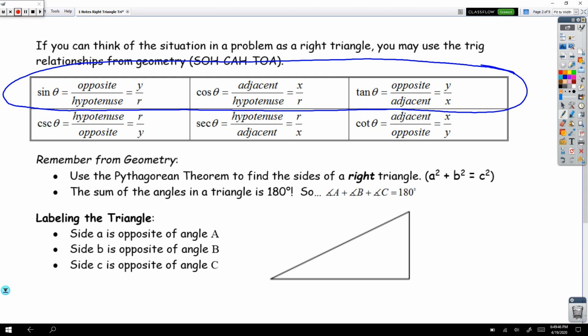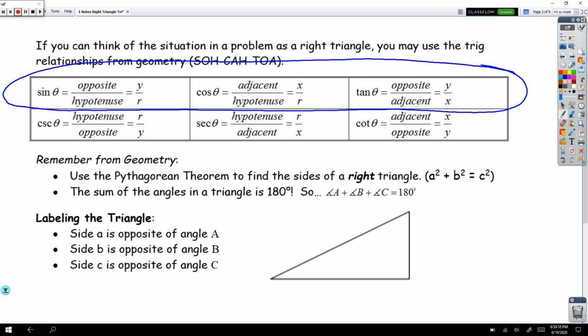So we'll utilize those 3 trig functions to help us solve a right triangle. What it means to solve a right triangle is to find all of the angle measures and all of the side lengths. That means you've solved the triangle once you have all of that information. Now, it's not always going to give you all that information, so our job is to figure out the pieces that it doesn't give us.